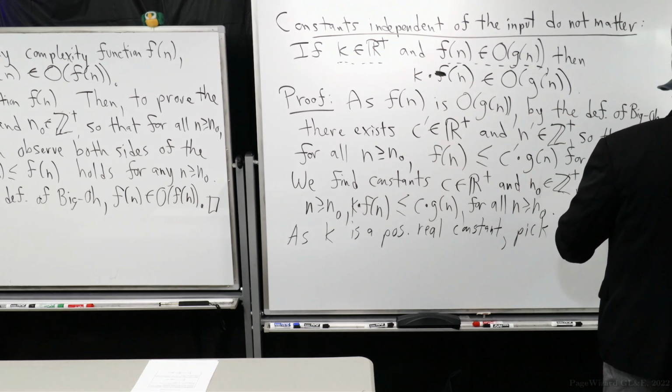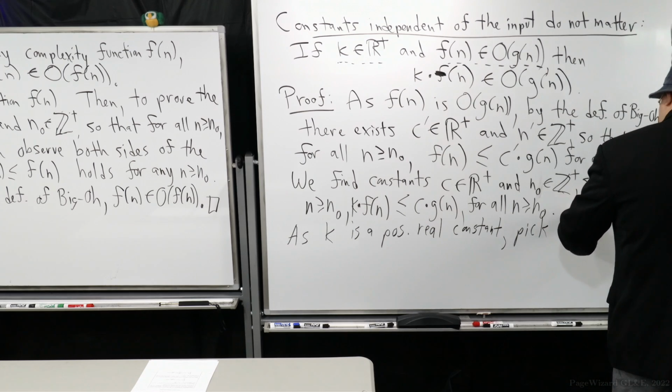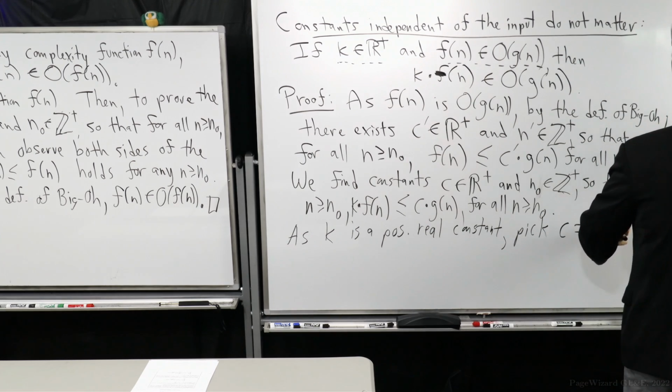So I'm going to pick that constant. I'm going to take c as follows: c is k times c prime.